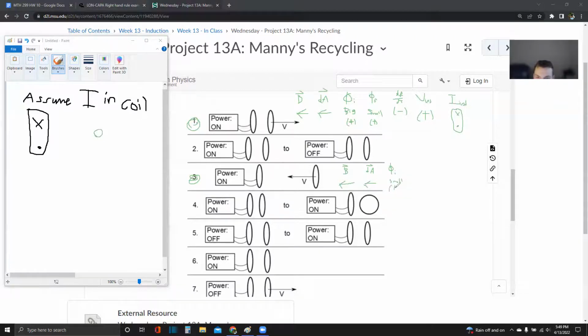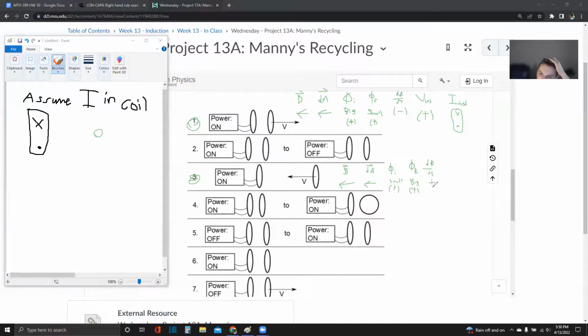So small, positive. And then the final is going to be a big positive. So then the change in flux over change in time is going to be big minus small.